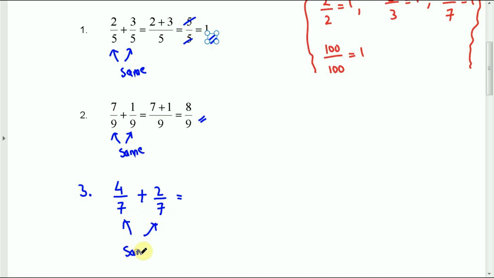So the denominators are the same. So we can add. So remember, a nice long line. Use a ruler, a nice long line. Write down that 7 there. And we're adding 4 plus 2. So 4 plus 2, write that on top. 4 plus 2 is 6. 6 over 7. So that should be the answer.